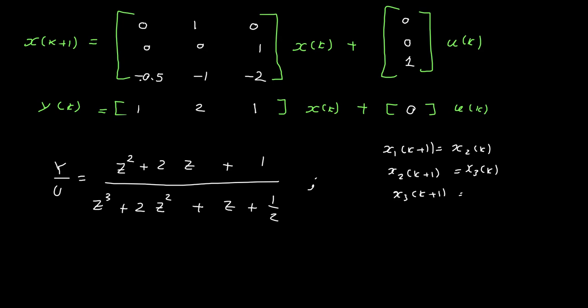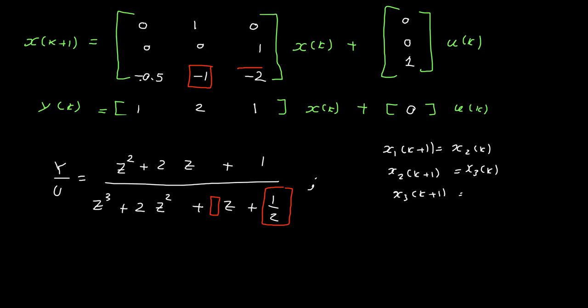the coefficient of the third line. If I compare it with the denominator here, the first one is the coefficient of z to the power 0 in the negative sign. The second one here is the coefficient of z in the negative sign.